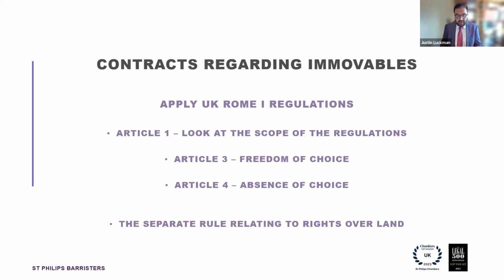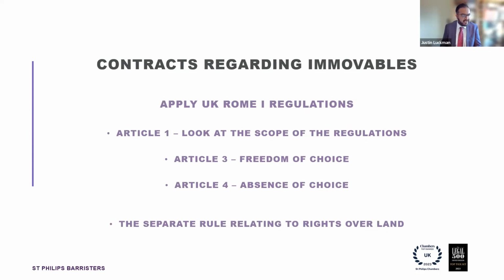So when considering contracts relating to real estate located abroad, we're dealing here with, firstly, the UK Rome regulations, which applies in situations involving a conflict of laws to contractual obligations in civil and commercial matters. Now, it's important always to look at the scope of the regulations to see whether or not your case fits within it. For our purposes, we're looking at a simple contract for the sale of land, for instance.